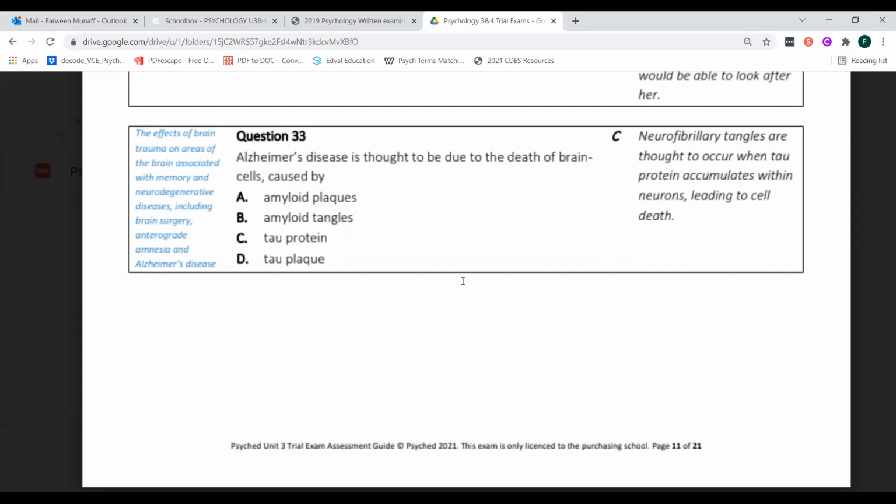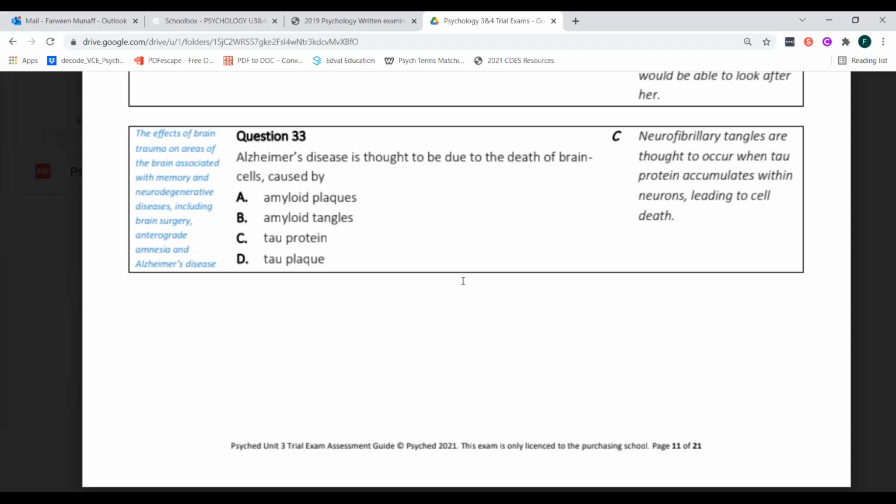Yeah, look, tau protein is not something that a lot of textbooks cover. I have seen it coming up in some exams. I've not yet seen it in a VCAA exam. But just to give you an idea, when we have these neurofibrillary tangles, they are accompanied by deposits of protein that are toxic to the brain, similar to amyloid.